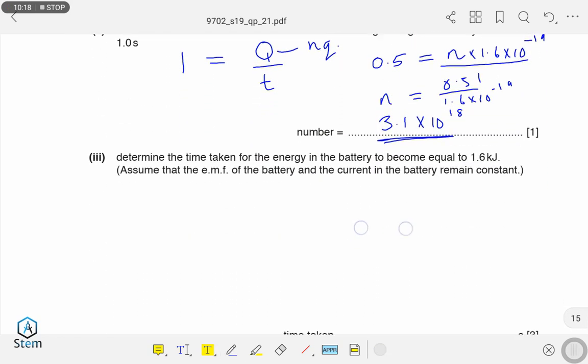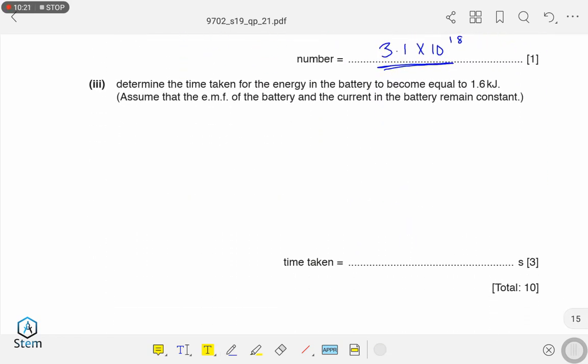Determine the time taken for energy in the battery to become equal to 1.6 kilojoules. All right. So we have the energy right now minus the energy when we get to 1.6.